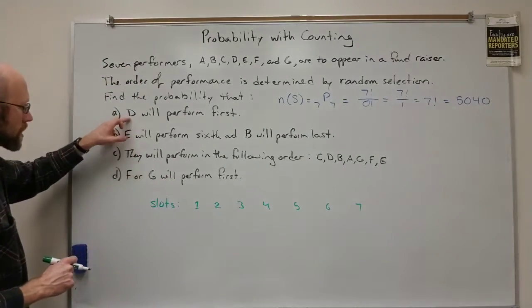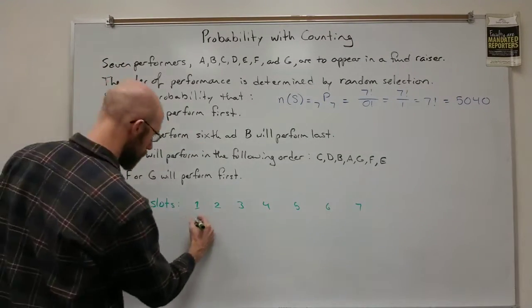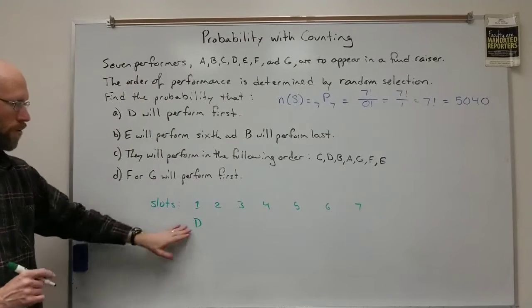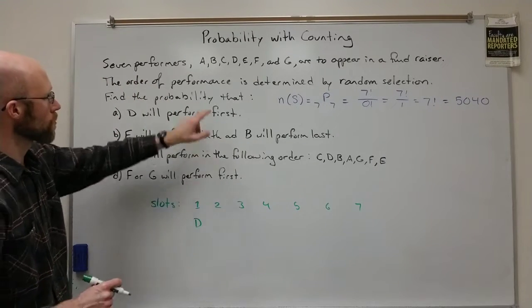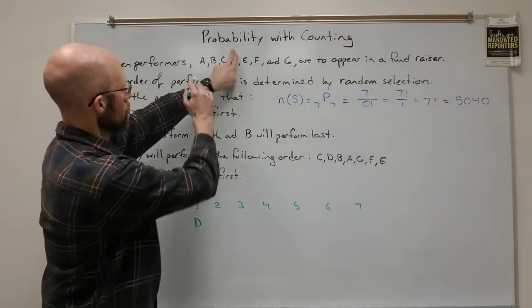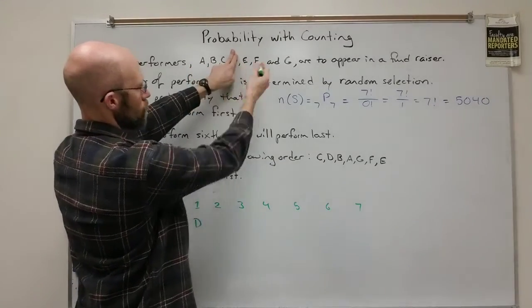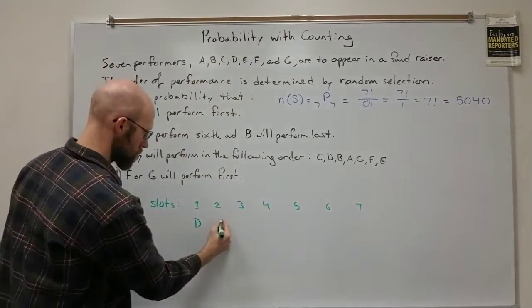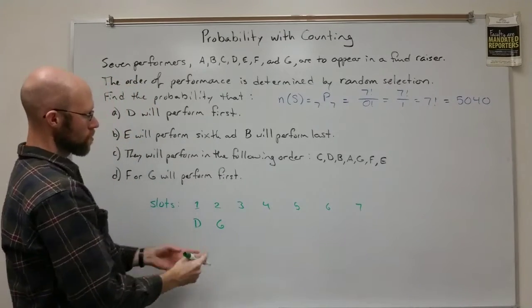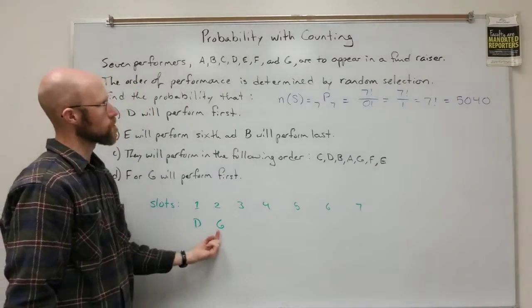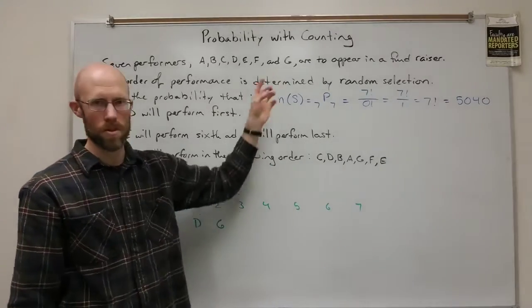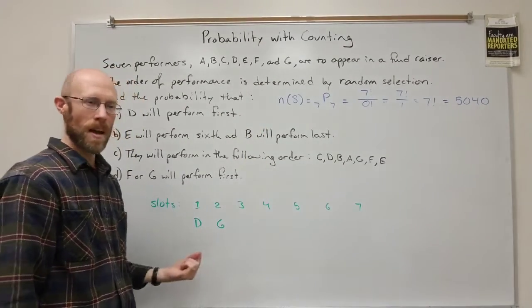And so if D performs first, I'm going to plug in D right there, in slot 1. Well, then slot 2, if you take D out of the picture, we still have 6 options. So there's 6 choices here. Whatever one ends up in that spot, that's not a G, that's a 6. So my G's and 6's look very similar.